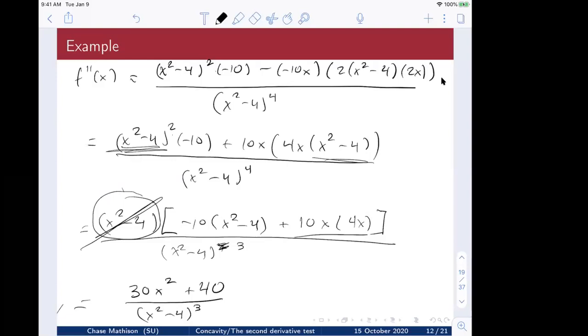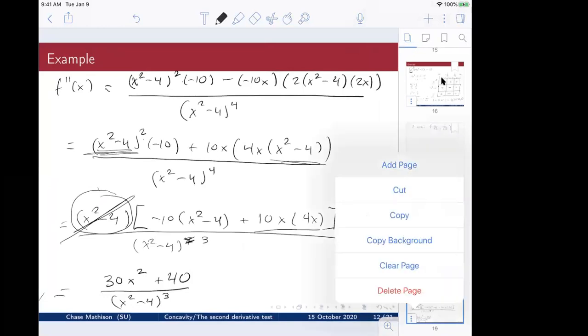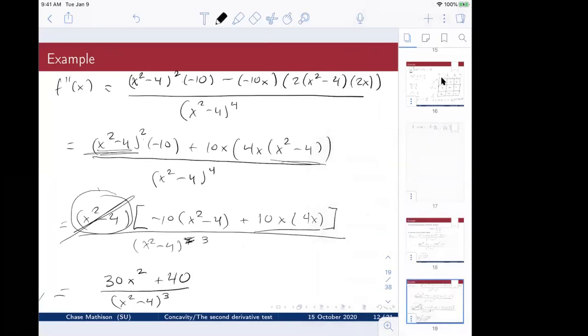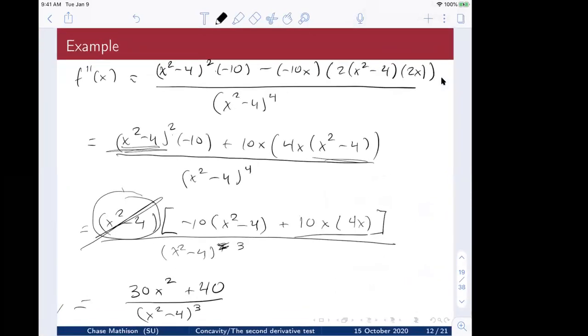So let's then, I need to add a page. So let's then look at the sign of this. The sign of this function here tells me where f is concave up or concave down, right?